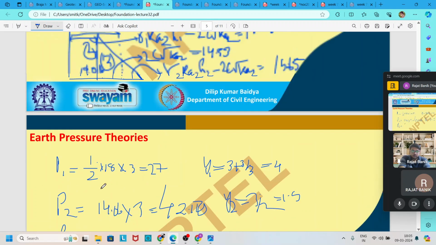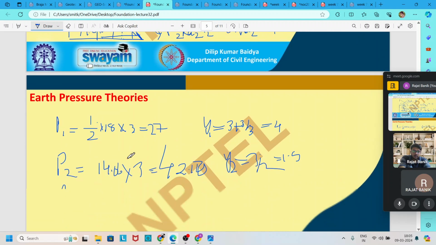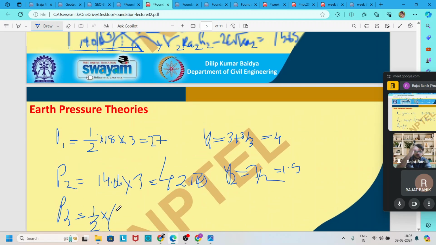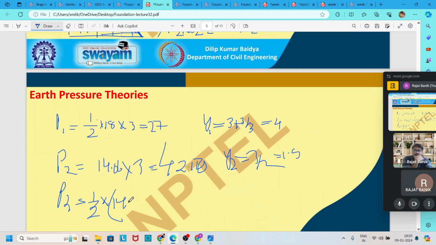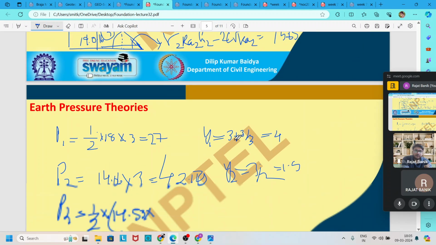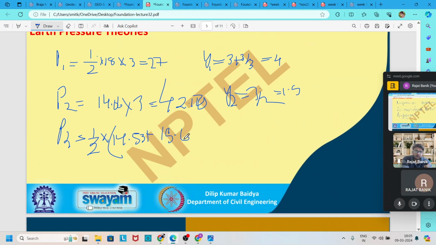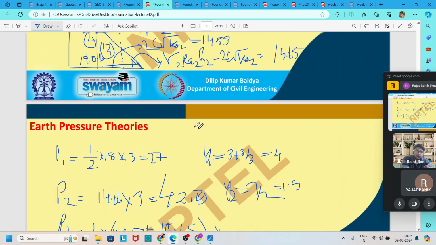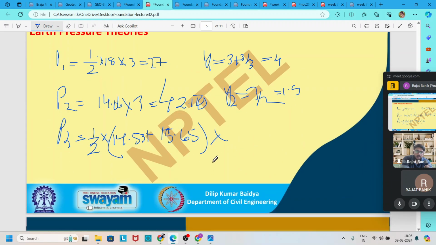P3 is equal to this area, half into 14.53 plus 15.65 into the height, that is 3.